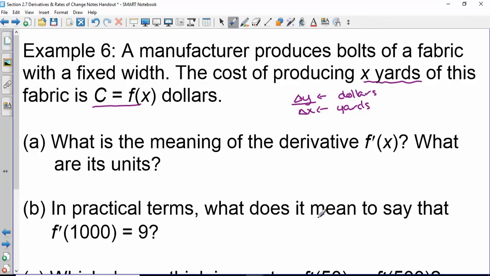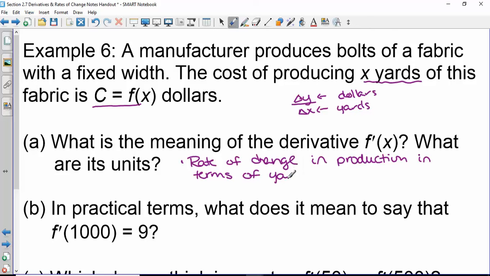So when I say what is the meaning of the derivative, I am saying we know a derivative is a rate of change. So it is the rate of change in production in terms of yards produced.